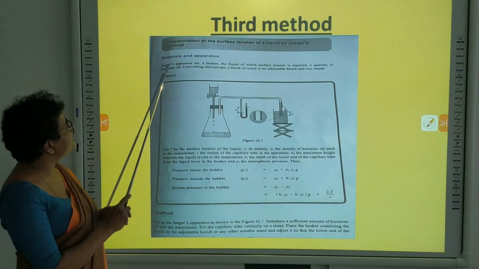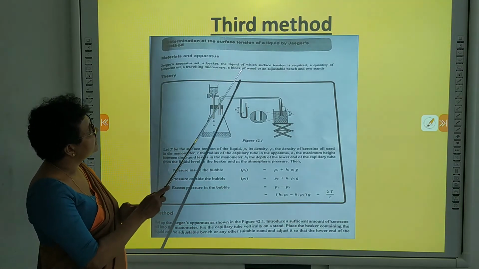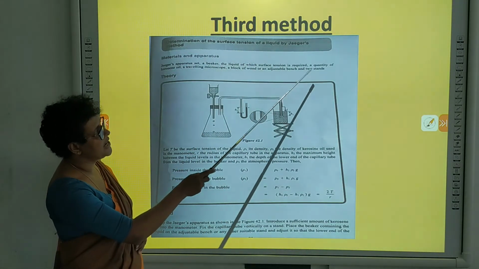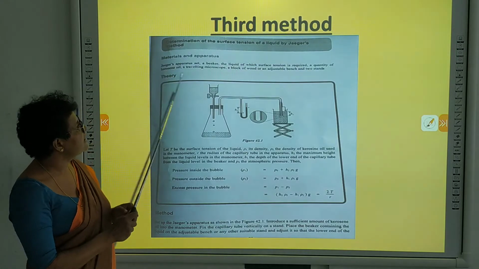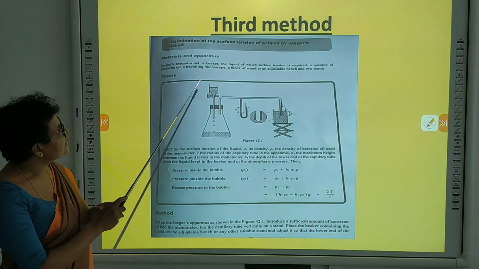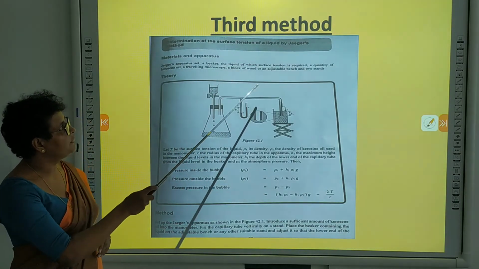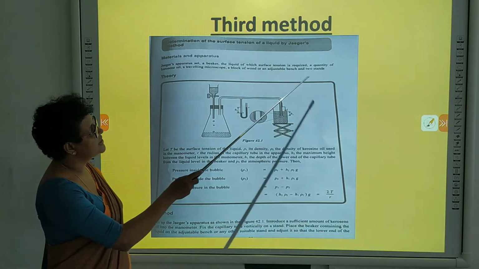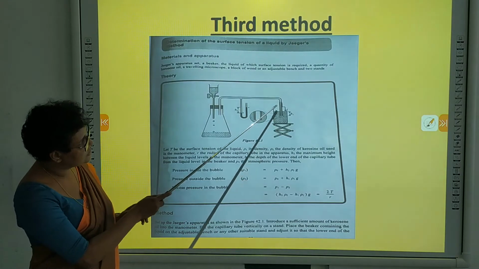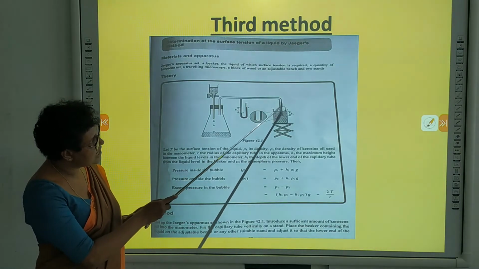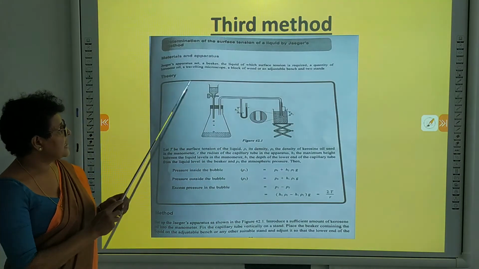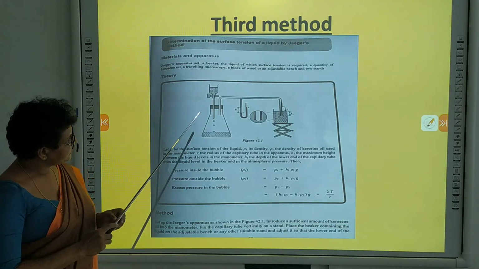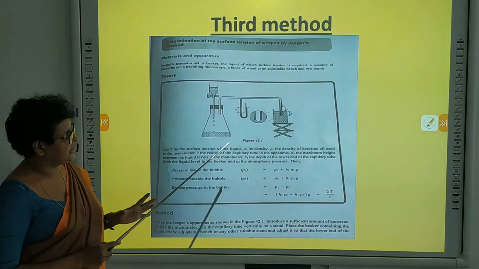You need Jaeger's apparatus, a beaker, the liquid whose surface tension is to be found, and a quantity of kerosene oil to put into the manometer, a traveling microscope, a block of wood or an adjustable bench, and a tool stand. You also need a hook and a rubber band to fix it here. There should be a tap also to fix here, and you fix the apparatus like this.